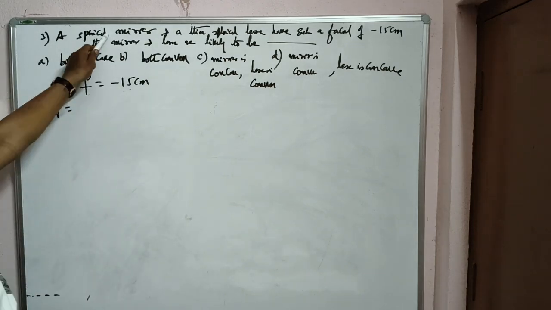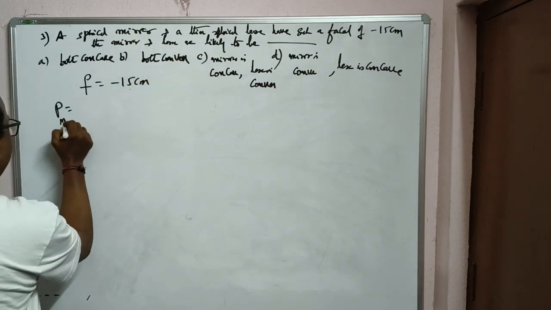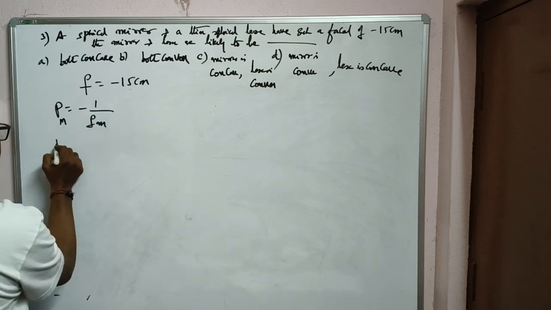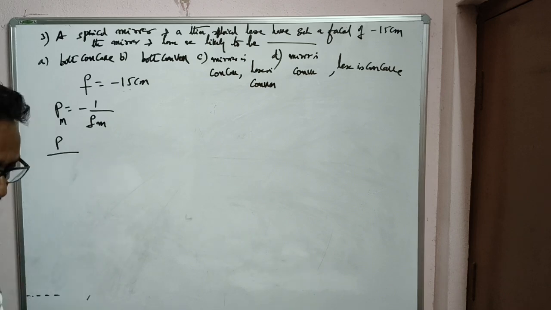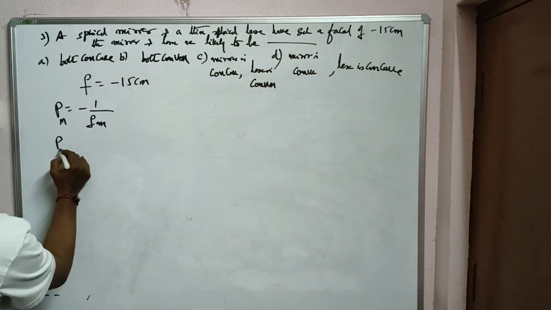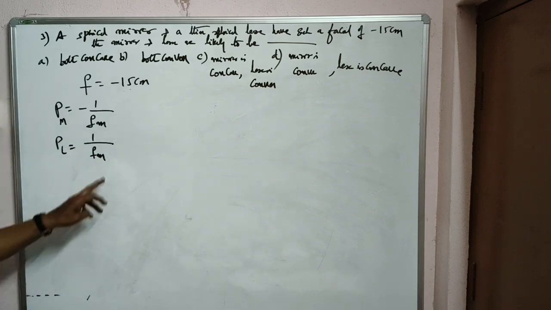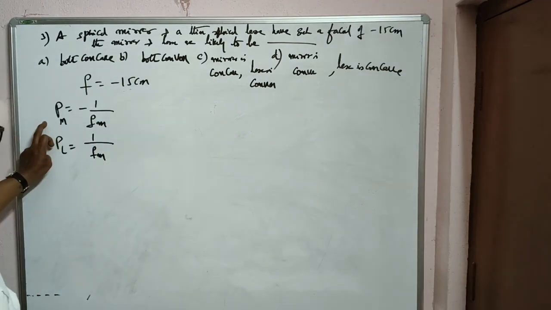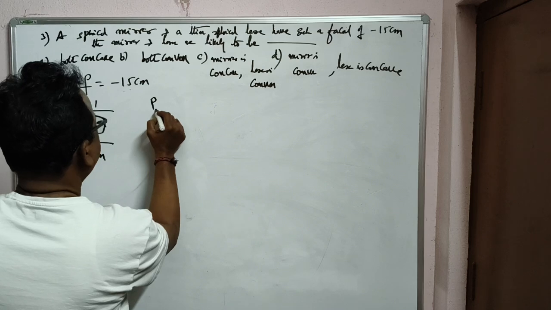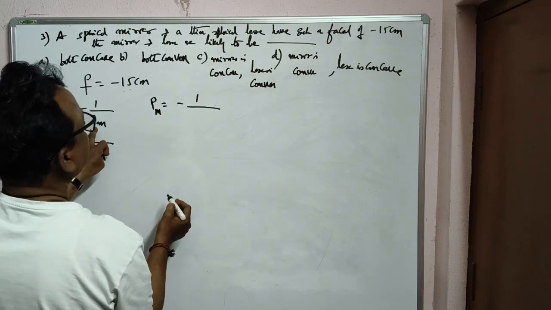Power for mirrors is minus 1 by F in meters, and power for lenses is 1 by F in meters. These are regular formulas, and we'll check one by one.